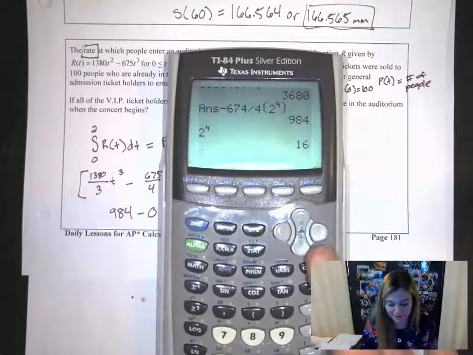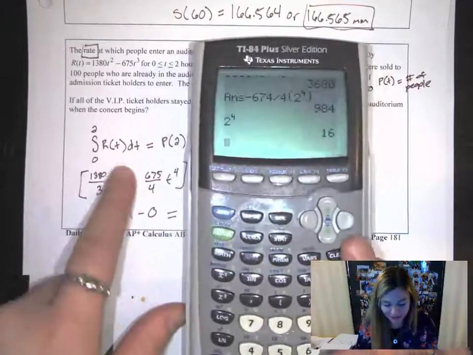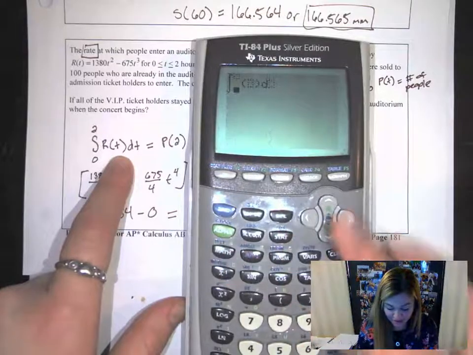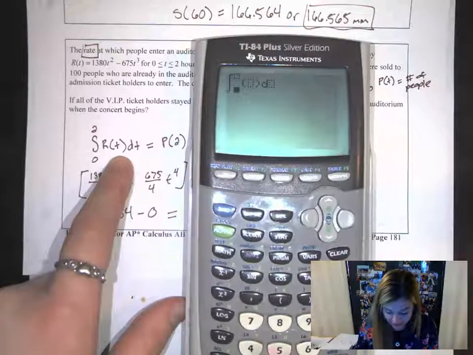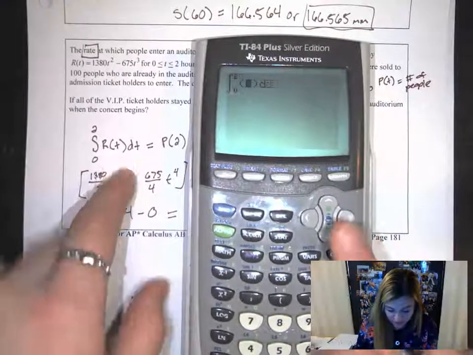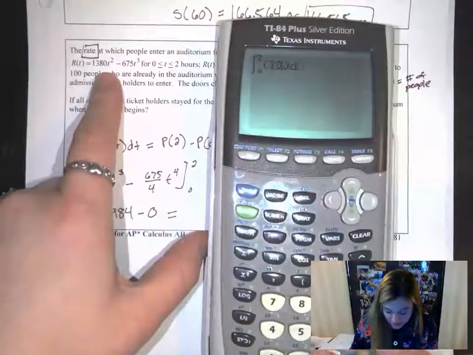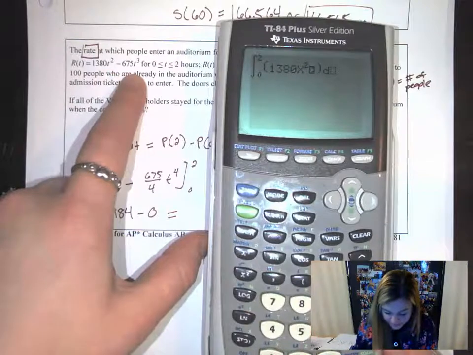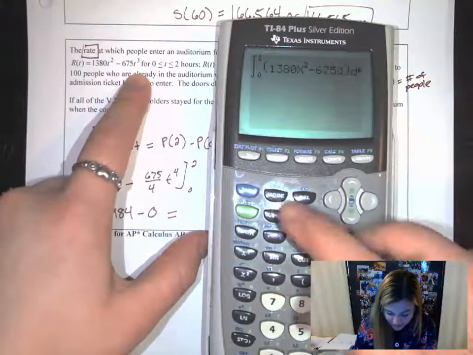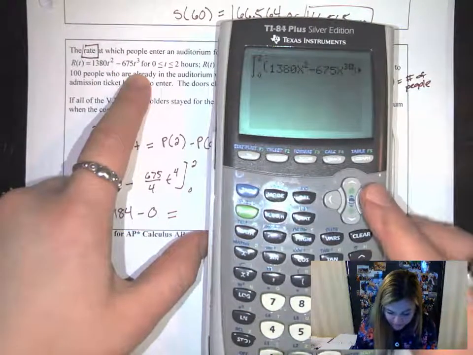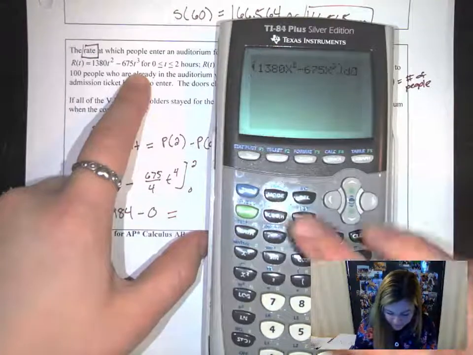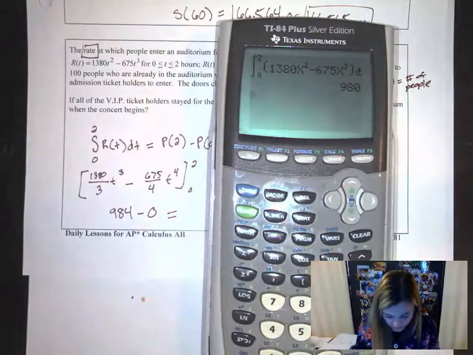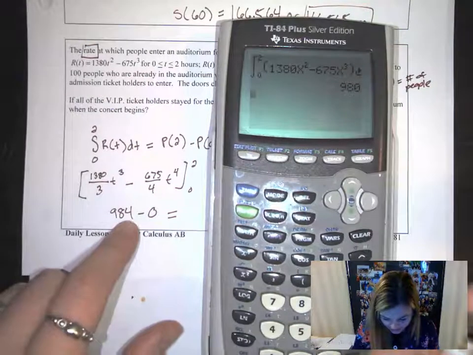Whatever, it happens. Because I used my calculator anyway on this, you could have just done math 9, the integral from 0 to 2, 1380 x squared minus 675 x cubed. Hold on, why did I get 980 here but I got 984 there?